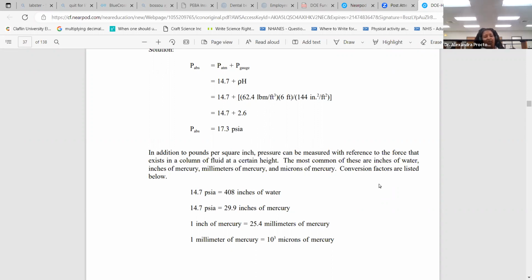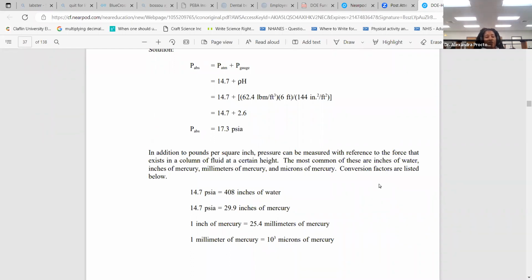In addition to pounds per square inch, pressure can be measured in reference to the force that exists in a column of fluid at a certain height. The most common of these are inches of water, inches of mercury, millimeters of mercury, and microns of mercury.